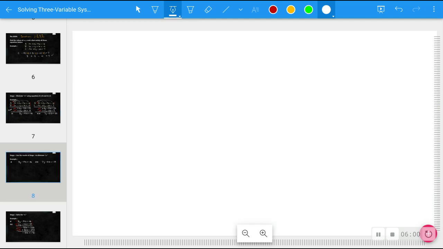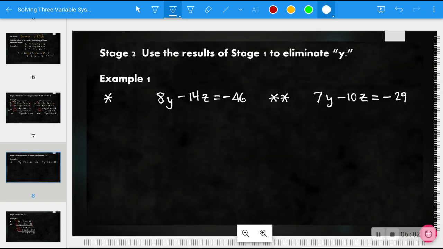So here comes stage 2. Eliminate y by using the results of the previous stage. So we're going to take the star and the double star equation that we just found a minute ago, and we're going to put them above each other like so.